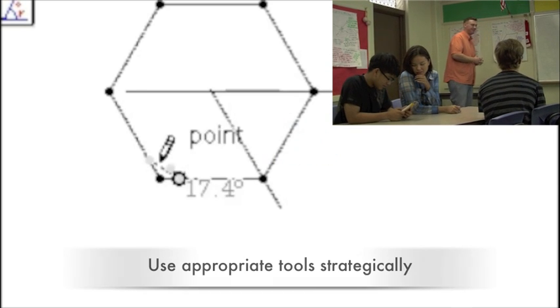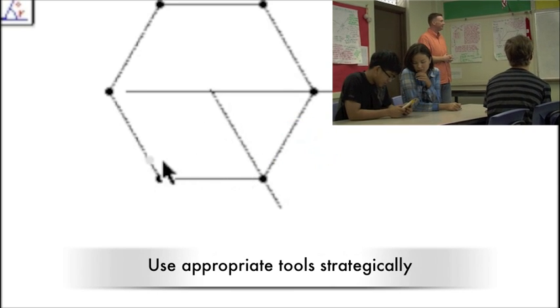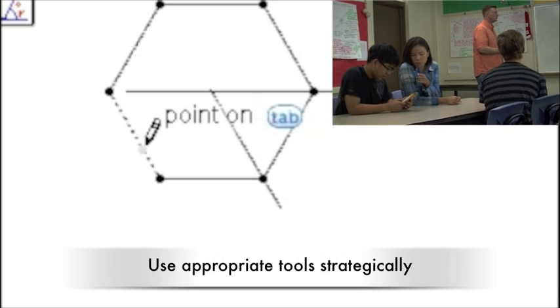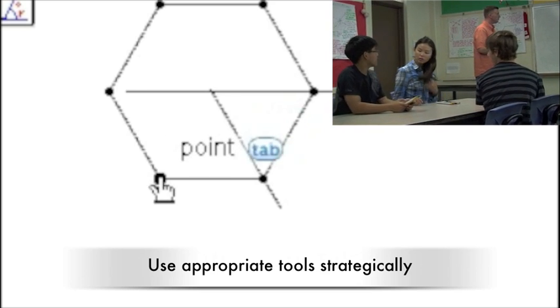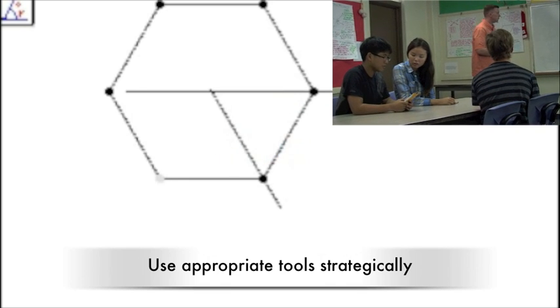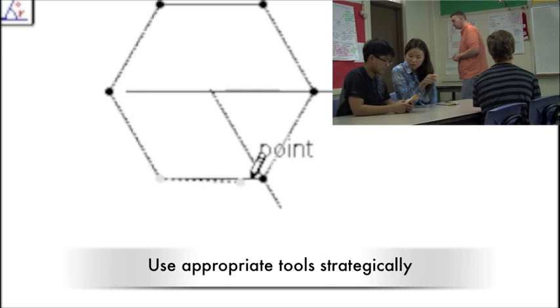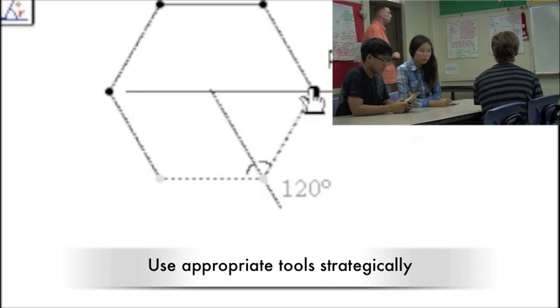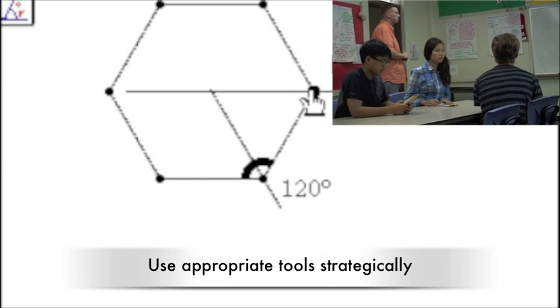I'm still new to this. You have to click one side, then the vertex, then the other side. Why would you click the side? You have to click the point.